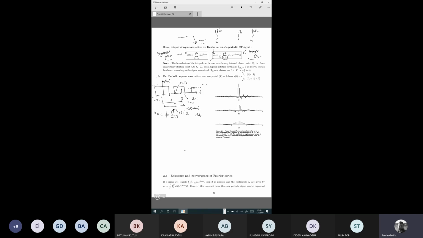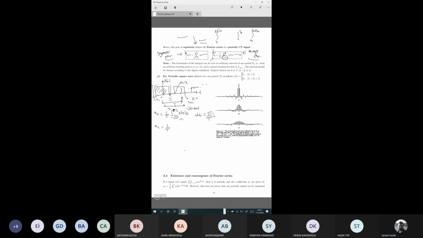Of course, the limits are from minus T over 2 to T over 2, but you know that within a period, only this interval is non-zero, so you can change this to minus t1 to t1. And the result is simple. I will just write it as 2t1 over capital T.